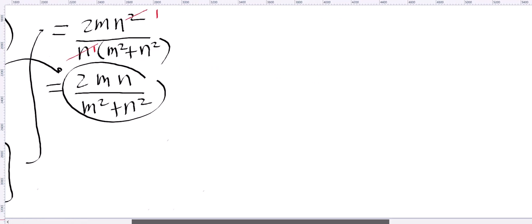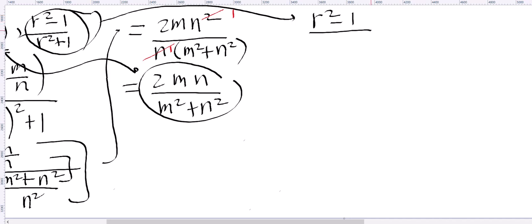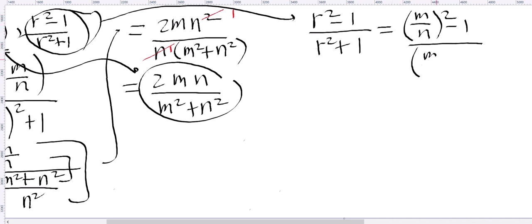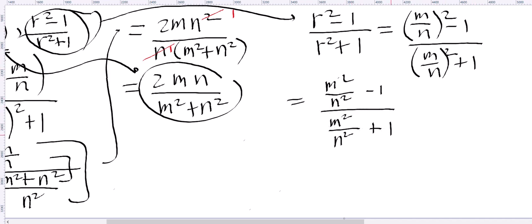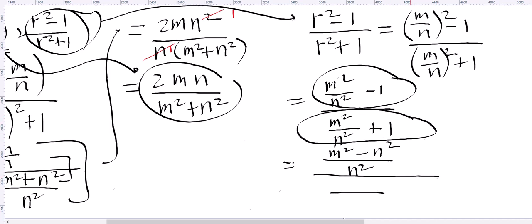This time, let us solve for the corresponding value for y. Again, noting that r is equal to m over n, r squared minus 1 all over r squared plus 1 becomes, simplifying this portion, we have m squared minus n squared. And simplifying this portion, we have m squared plus n squared.